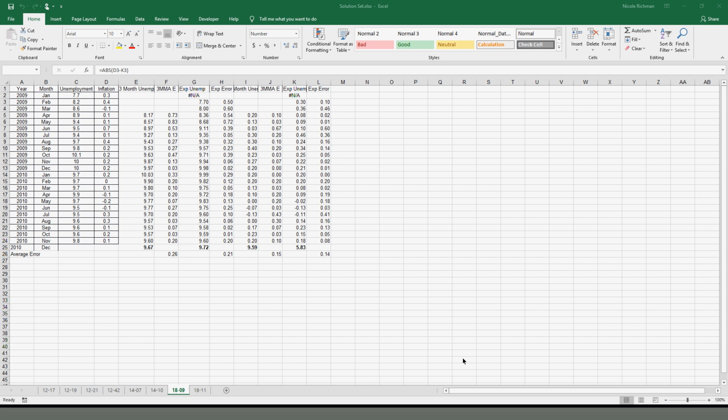So this requires a pretty complicated Excel formula. The first thing we need to figure out is what our exponential index is. And I've put that formula here for us.